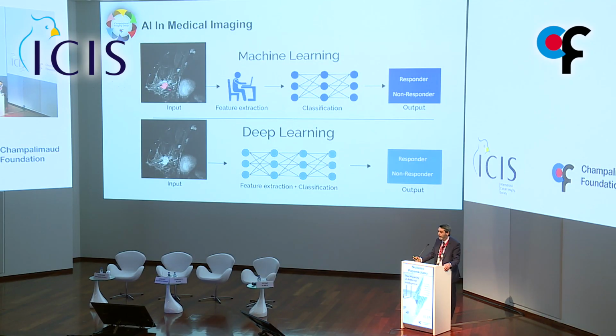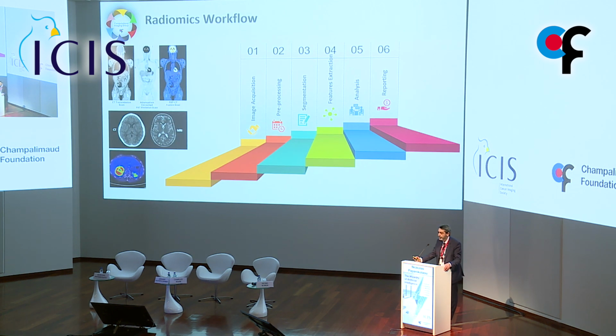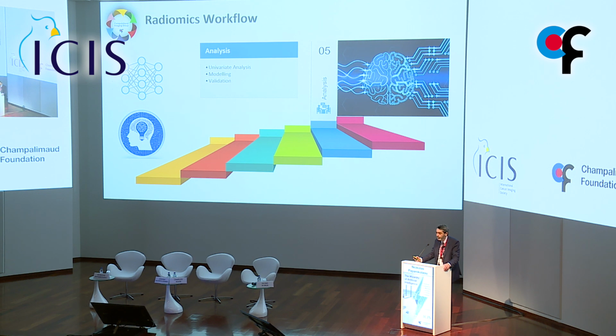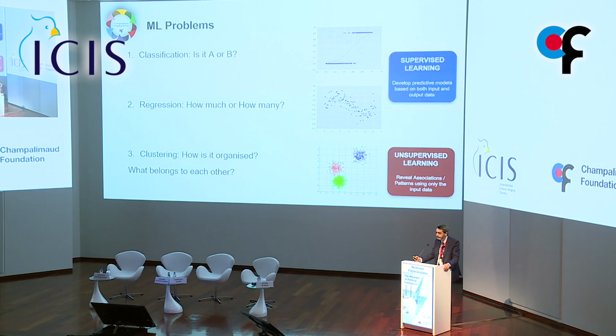On the other hand, the deep learning approach doesn't need this kind of segmentation, and the process of feature extraction and classification is integrated. A typical radiomics workflow comprises many different steps like image acquisition, pre-processing, segmentation, feature extraction, analysis, and reporting. We will mainly focus on the analysis part.